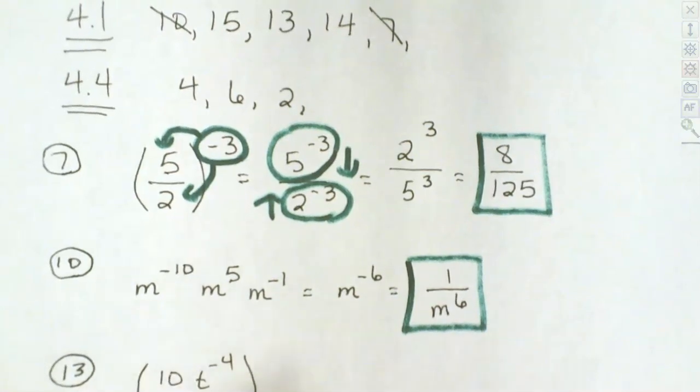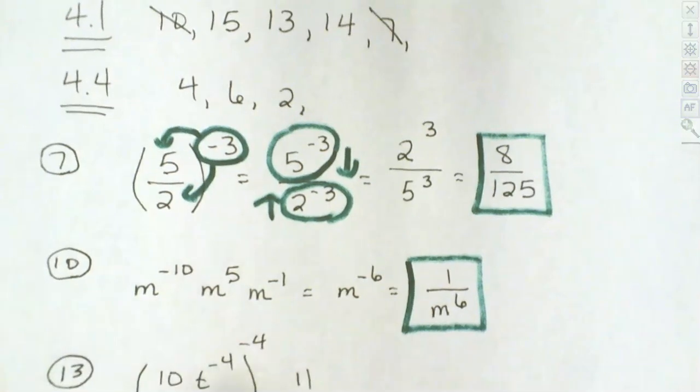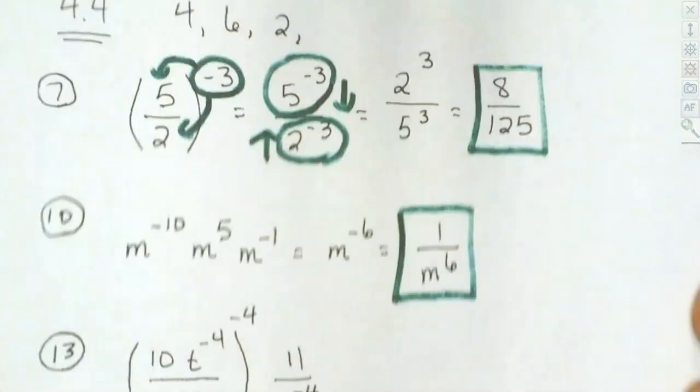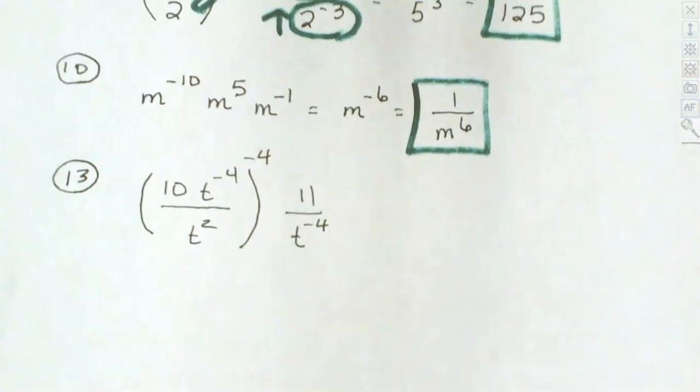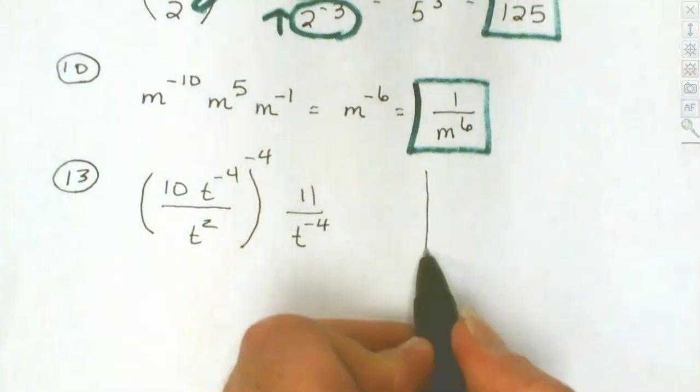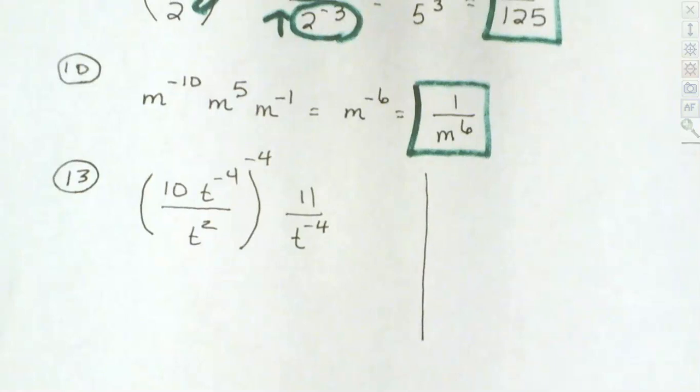And there are different ways of approaching this particular question. When I see a question like question 13, what I'm going to do is I'm going to try and reduce down my parentheses first.